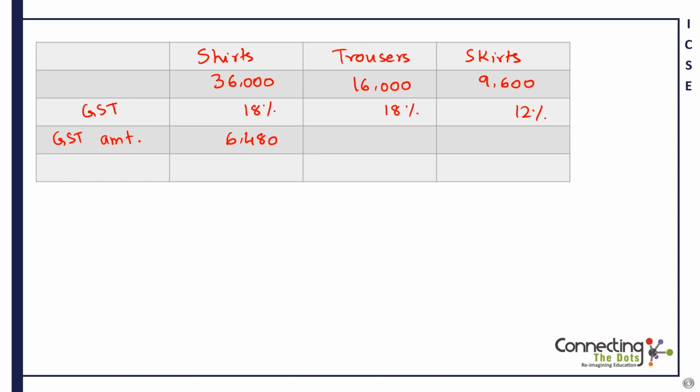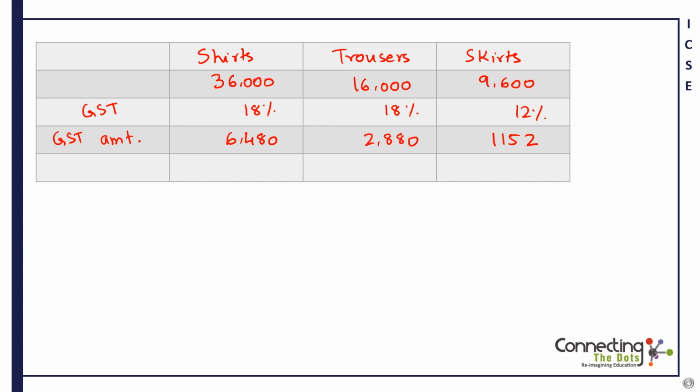And for trousers, it is 18% of 16,000, which gives you 2,880. And in the case of skirts, it's 12% tax of 9,600, which will give you 1,152. So these are the tax amounts.